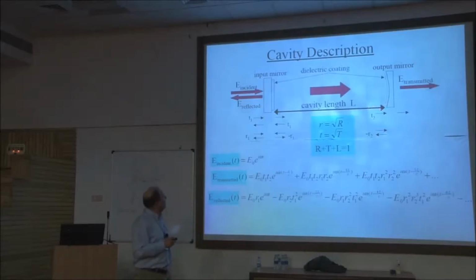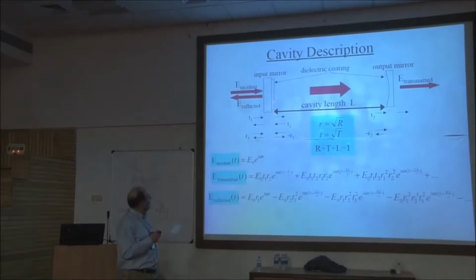And let me illustrate a Fabry-Perot cavity. Here's an input mirror, output mirror, separated by a distance L. And we're going to consider an incident electric field, and we're going to follow what happens to the light as it arrives here and does some reflecting, does some transmitting, and all the reflections and transmissions, and finally consider especially the reflected light, because this is the light that returns from the arm towards the beam splitter.